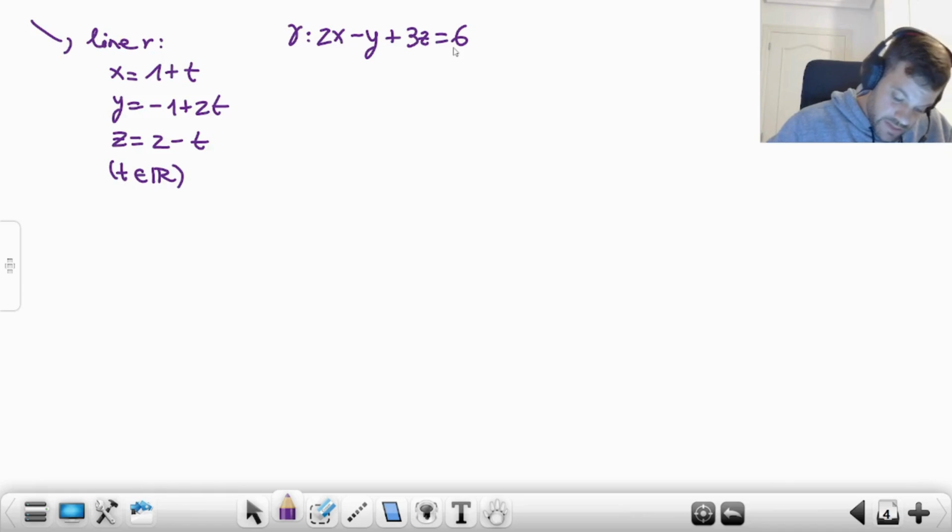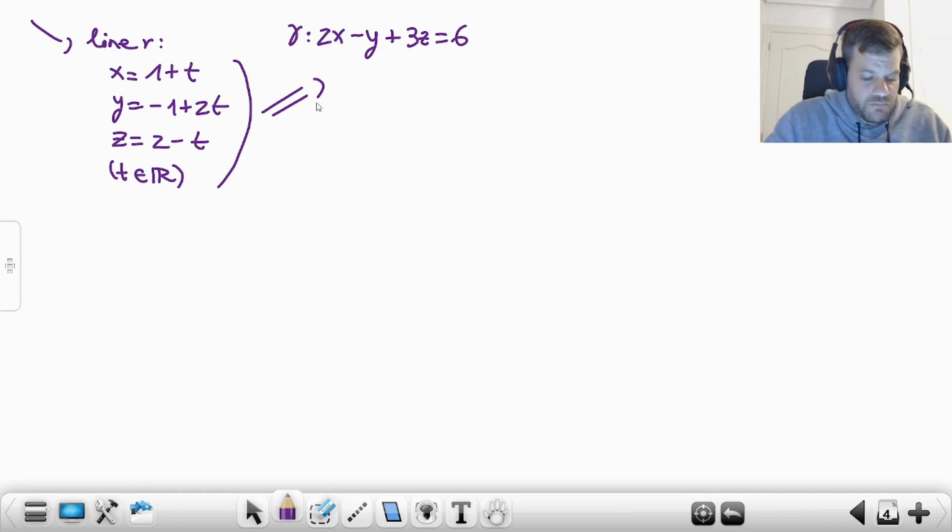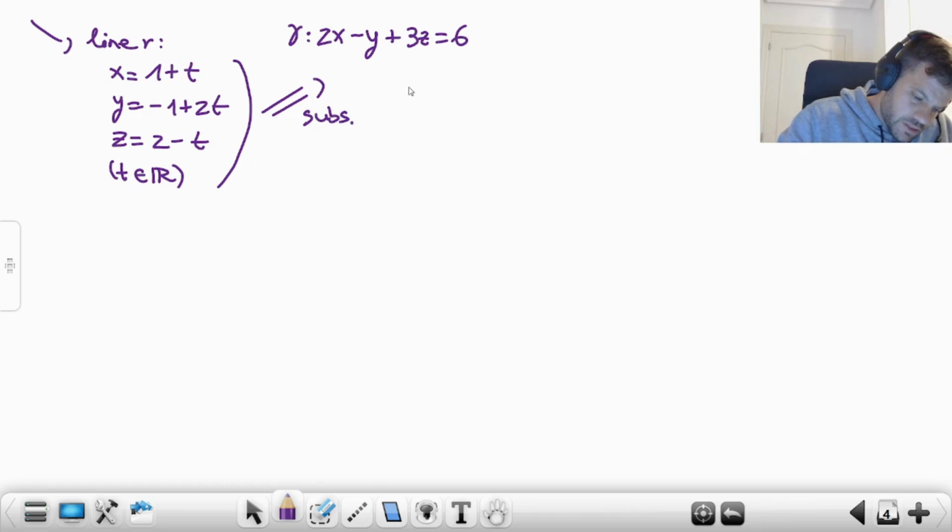So if we substitute the line inside the plane, all of a sudden we reach an equation with just one unknown, which is t. So substitute. Instead of x, 1 plus t, then minus y, which is minus 1 plus 2t, plus 3 times z, which is 2 minus t, equals 6.